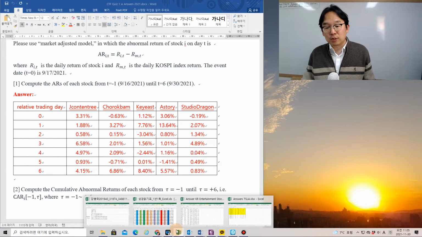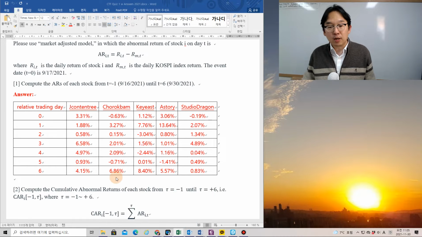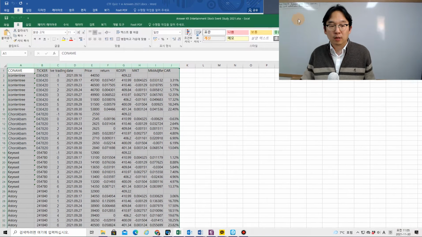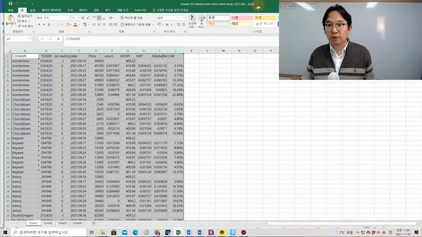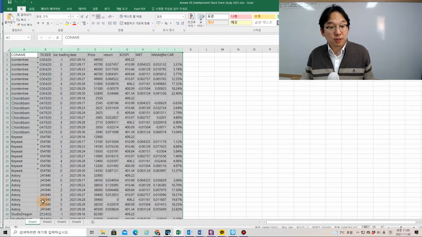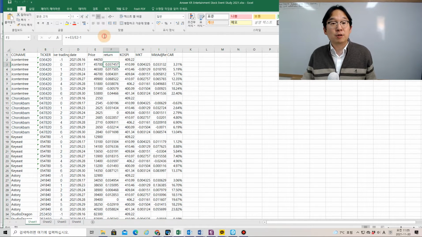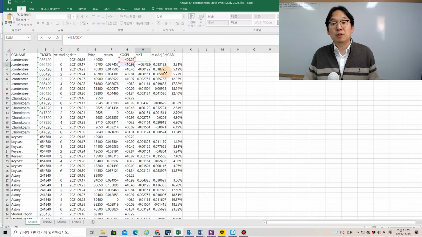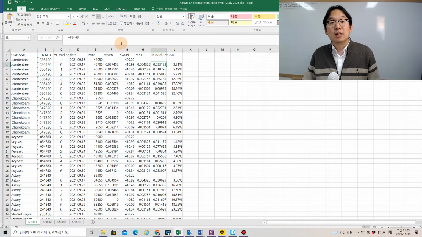So let's go to this. Korean entertainment industry, all this information was given, and I wanted you to make sure that the return is coming from the price. You have to compute it. And for market return, you got the index, and the market adjusted return is just the realized return minus market return.